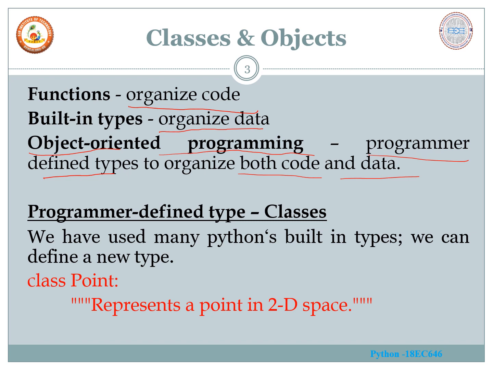As an example, we will create a type called point. This is used basically to represent a point in two-dimensional space.